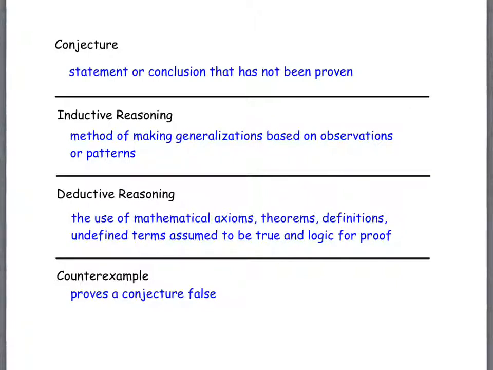There are two different types of reasoning. There's inductive reasoning and there's deductive reasoning. Inductive reasoning is a method of making generalizations based on patterns. So, for instance, this would be like me telling you that I have a paper on my fridge, and this is actually true, that says on Monday my children eat cereal for breakfast, on Tuesday they have eggs, and on Wednesday they have oatmeal.